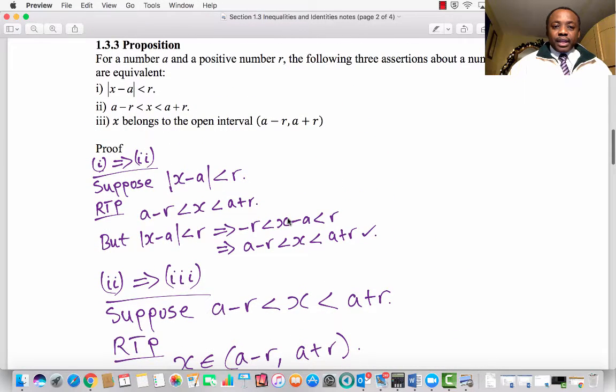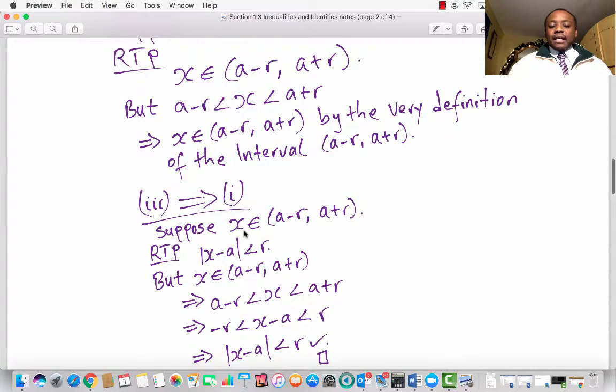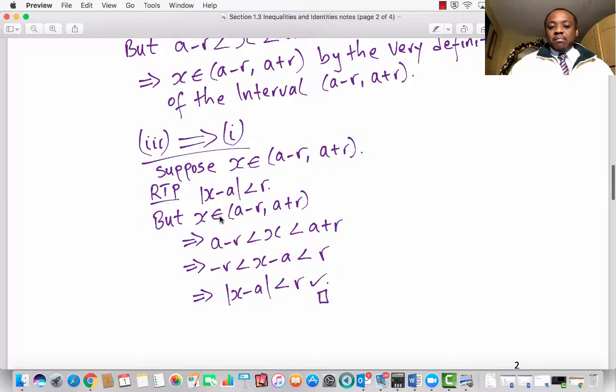Again, 3 is X is in this interval, and we want to prove that the absolute value of X minus A is less than R. Suppose X is a member of the open interval A minus R, A plus R. We want to prove that the absolute value of X minus A is less than R. But X, a member of this interval, implies that A minus R is less than X, which is less than A plus R. And I go ahead and subtract A from all sides, and I get negative R less than X minus A less than R, which implies that the absolute value of X minus A is less than R, and that is statement 1.